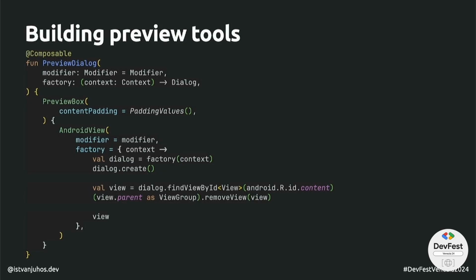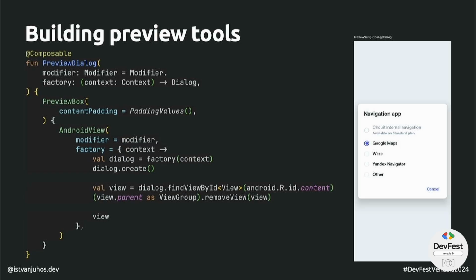We can actually call Android View inside previews because there's a context, pretty much an Android UI runtime there in the previews. So why couldn't we do this? And actually, we could. Because our dialogues are made by factories, and we have a context in the previews, we can easily build our dialogues based on the context with our factories inside our previews.